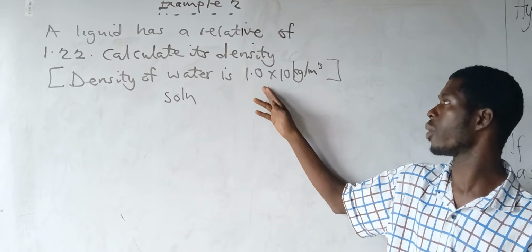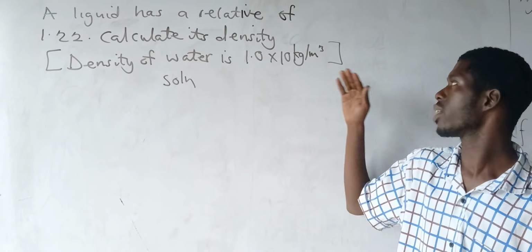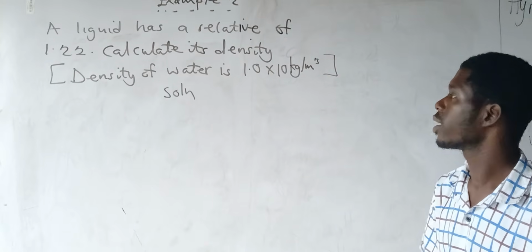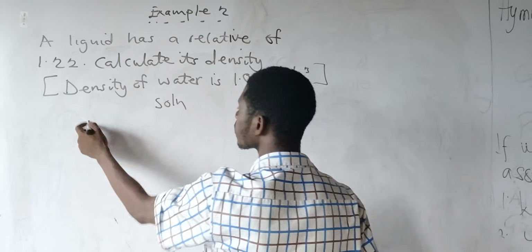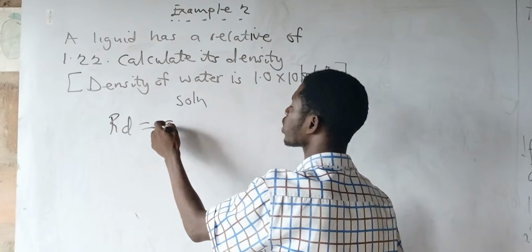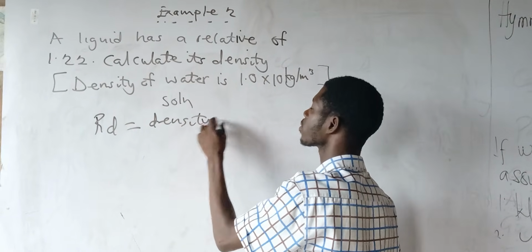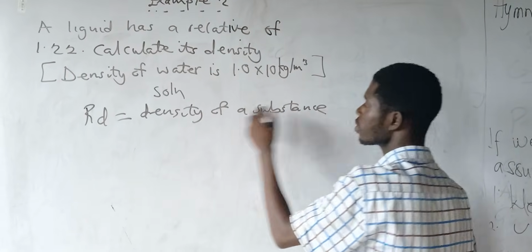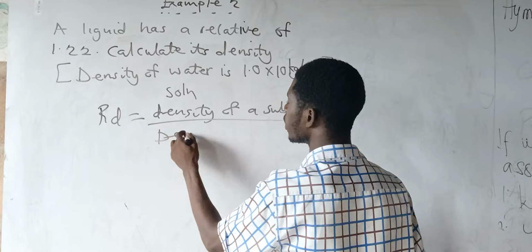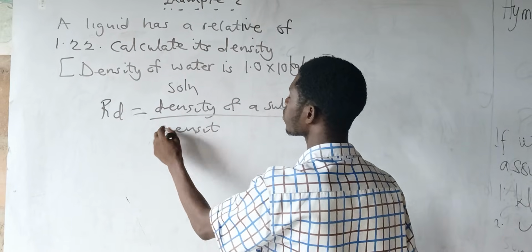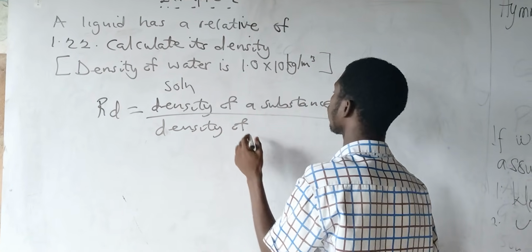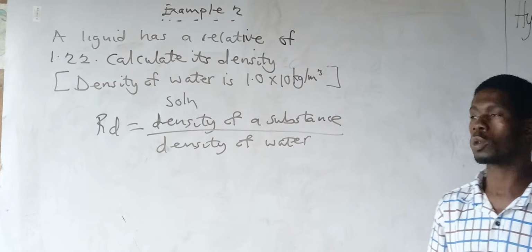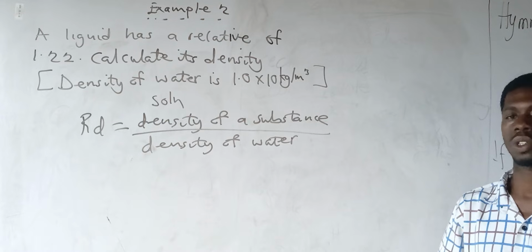Now you know that relative density is equal to density of a substance over density of water.